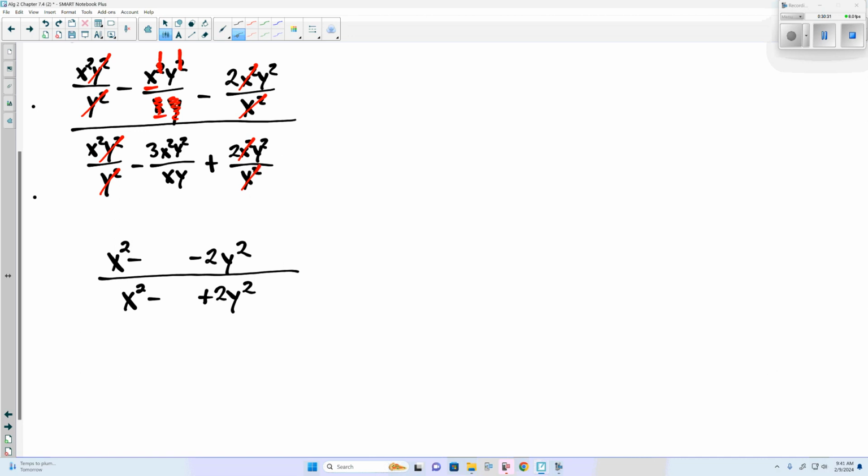Since it's bigger on top, it stays on top. Y squared over y. 2 minus 1 is 1. Bigger on top stays on top. The denominator will still have our 3, and we'll have the same thing. This x will cancel out with one of the ones on top. Y will cancel out with one of the ones on top, leaving us with negative 3xy.